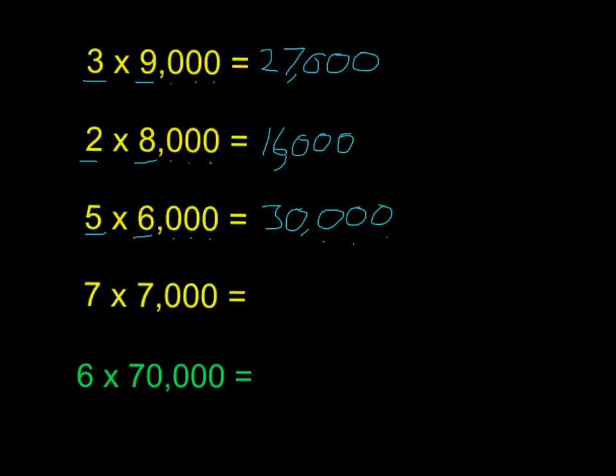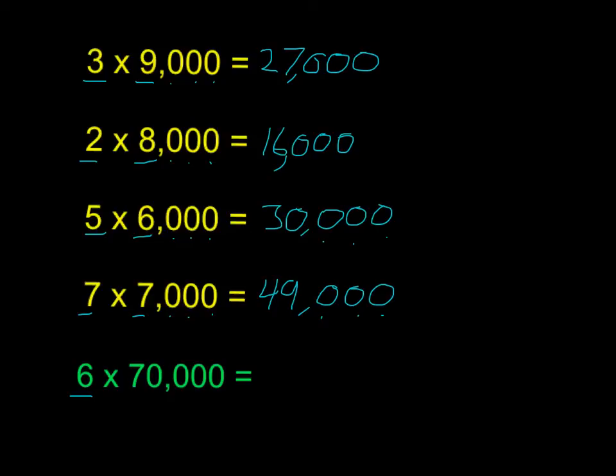Our next one here, we have 7 times 7,000. And 7 times 7 is 49. Because it's 7 times 7,000, it's 49,000. We're just going to move over our 3 zeros here. And then we have our 6 times 70,000.